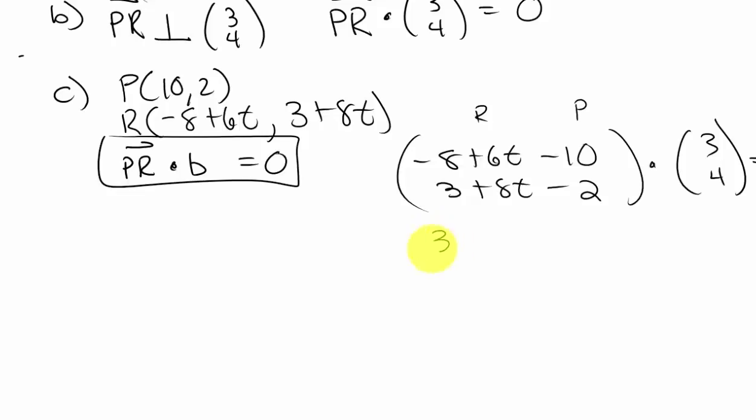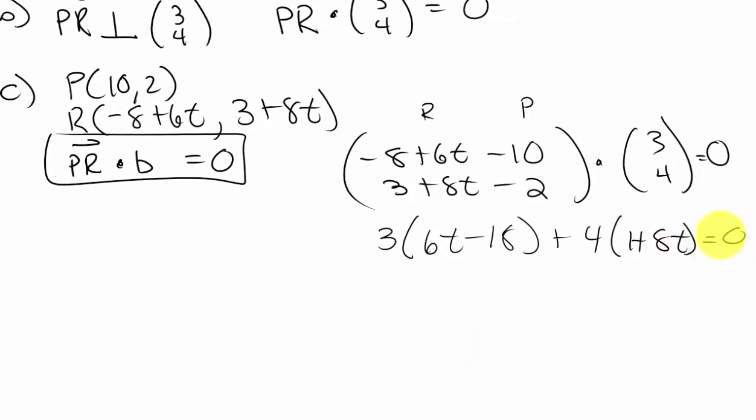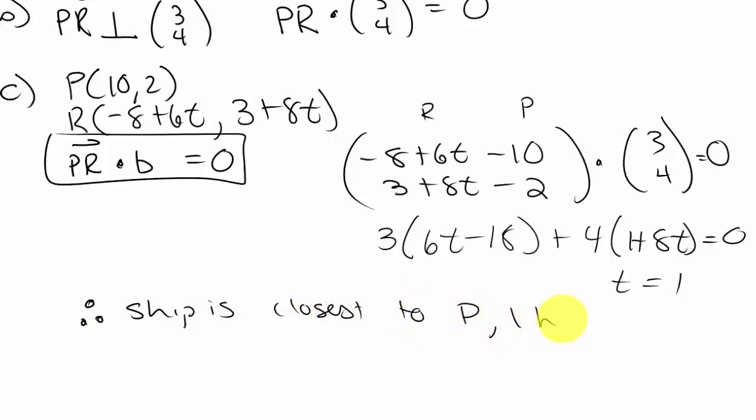So 3 times 6t minus 18 plus 4 times 1 plus 8t is equal to 0. And then when you distribute it and simplify it, you get t is equal to 1. So therefore, the ship is closest to P 1 hour after leaving the initial spot of A.